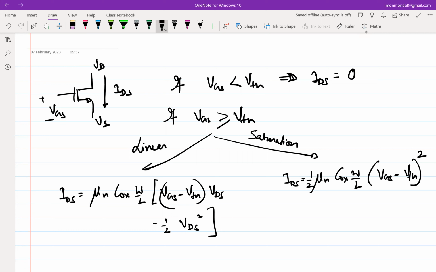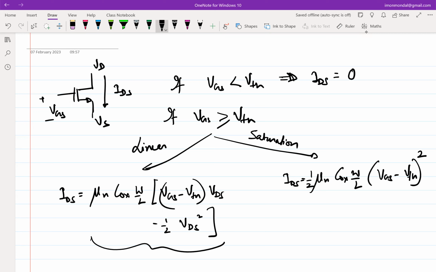So in the linear region, the MOSFET at its output terminals, between the drain and source, will behave like a resistance to some extent. This is not a linear resistance, because had it been one, this VDS squared term wouldn't have appeared.